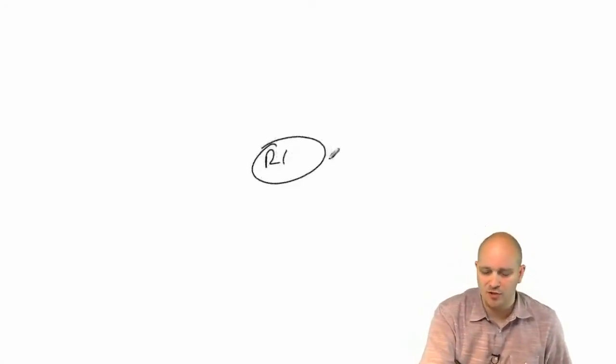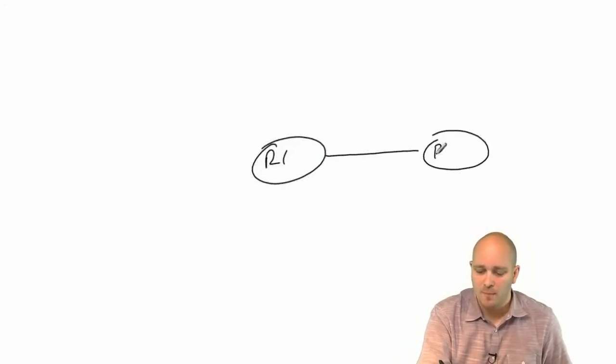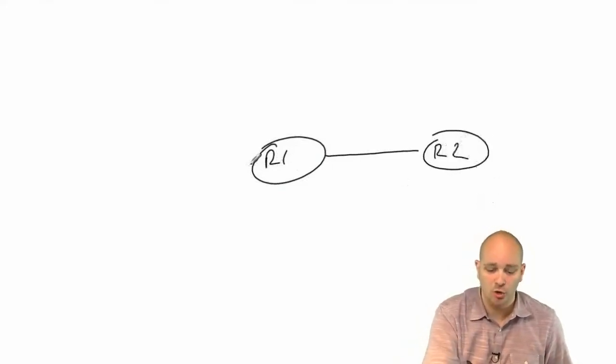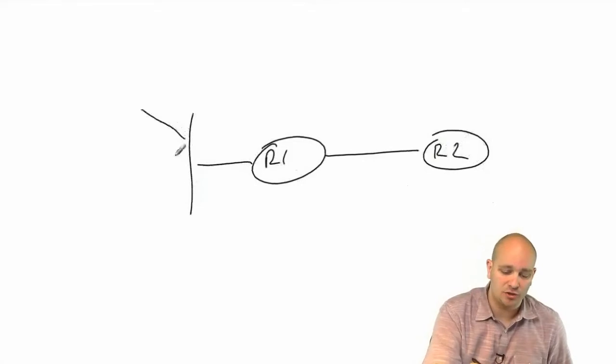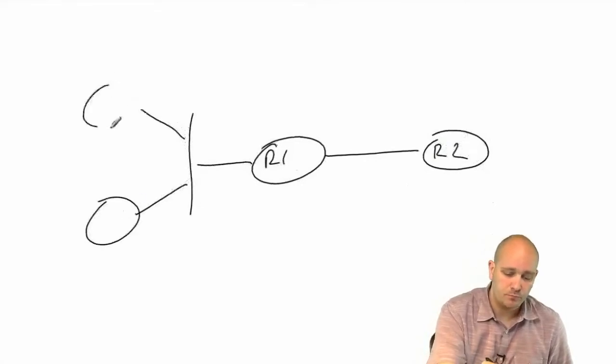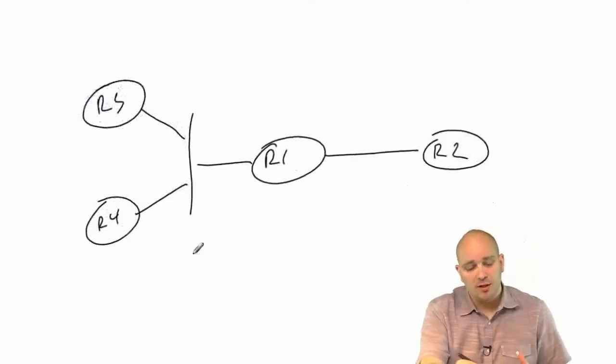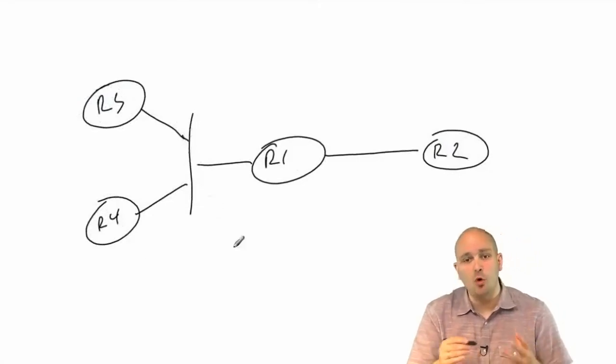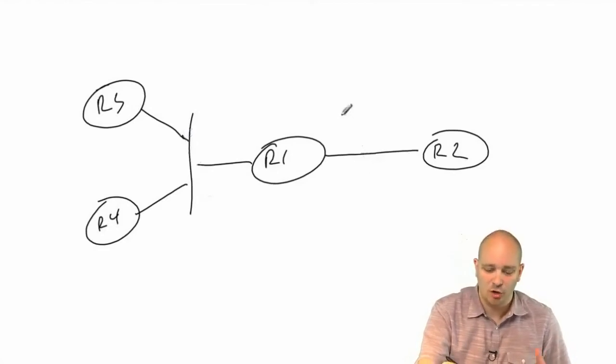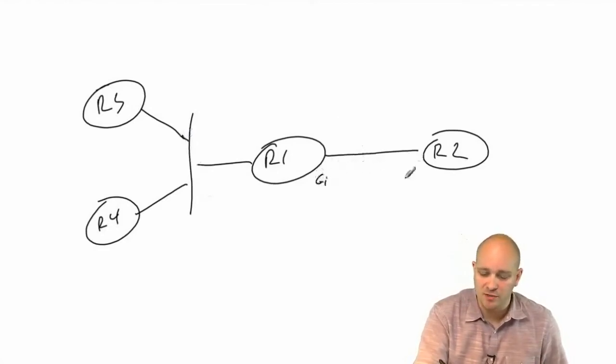You might remember that we had a network that started very simple with the connection between routers R1 and R2, and then we added routers R3 and R4. This was all configured and all operating in area 0. Let me put in the relevant bits of information here.